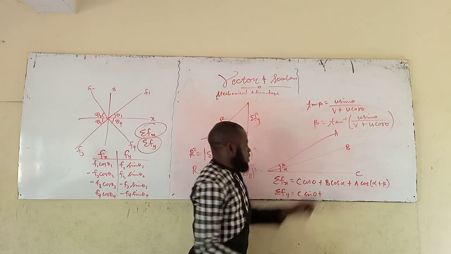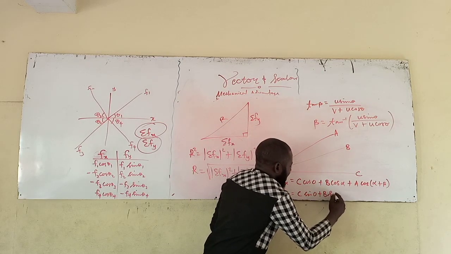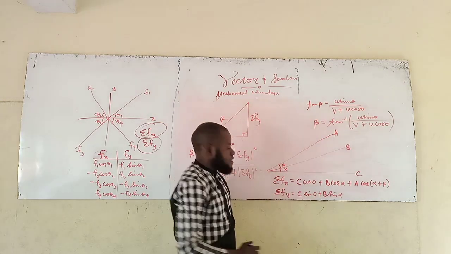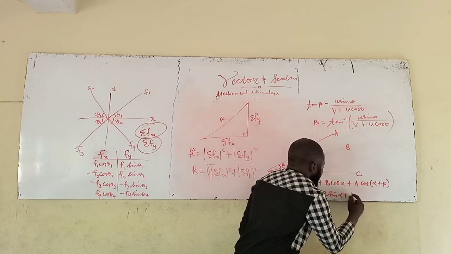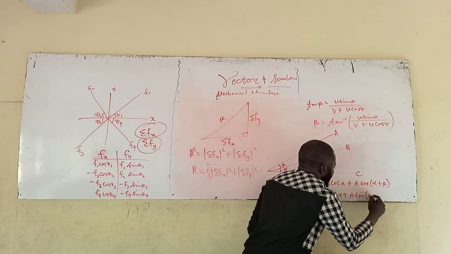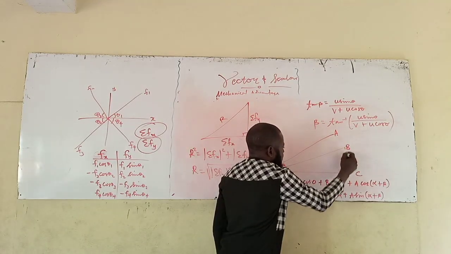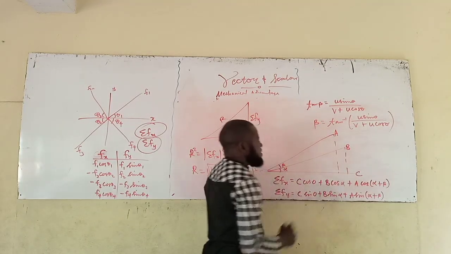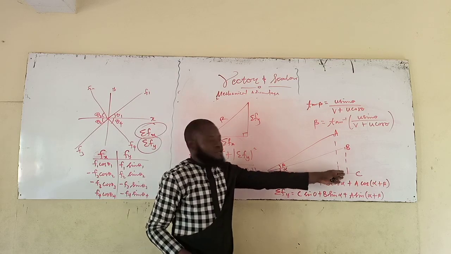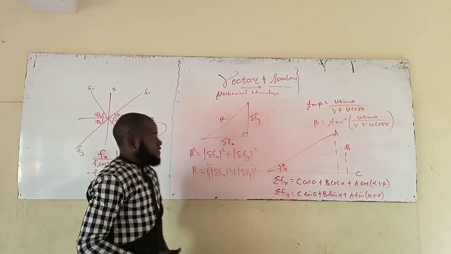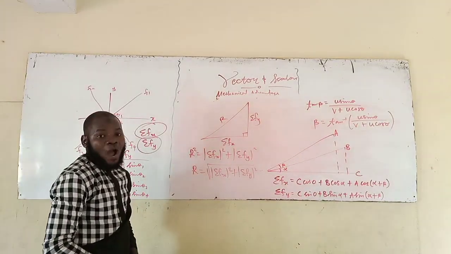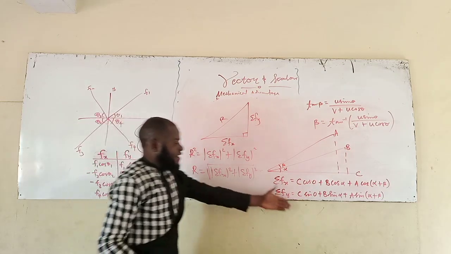Plus, this one will become B sine of alpha. Plus A sine of alpha plus beta. They are all positive because the whole of their vertical axis is towards the positive axis of y. Do you understand us now?